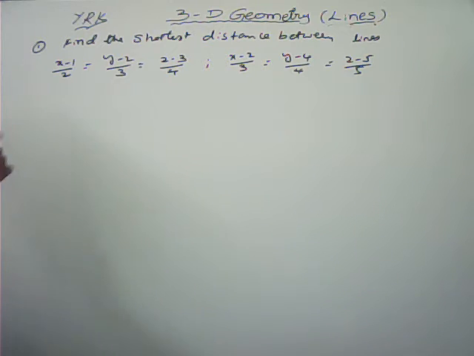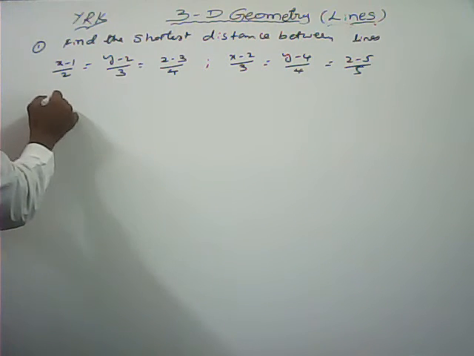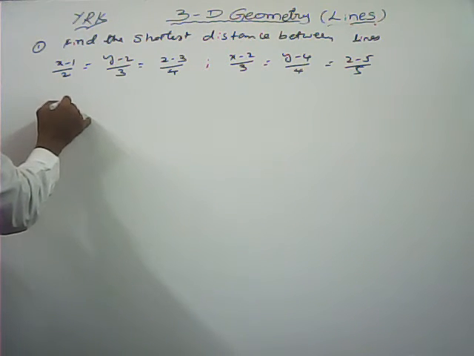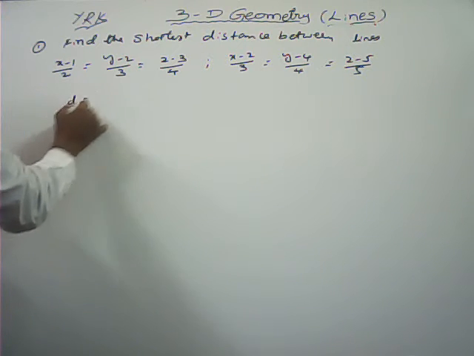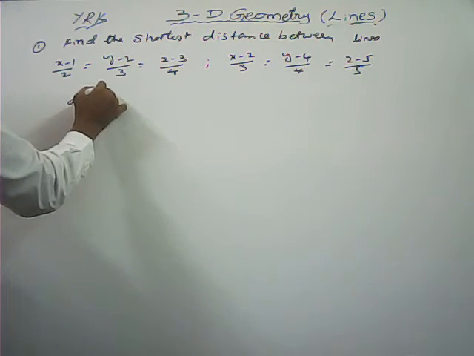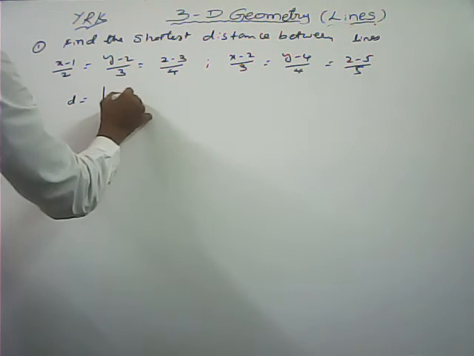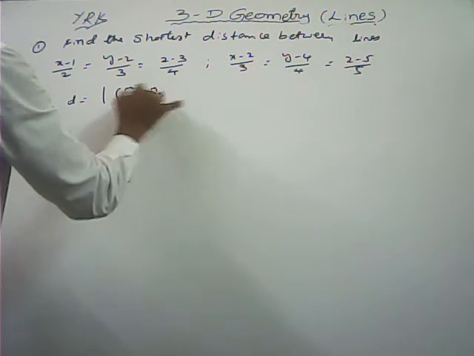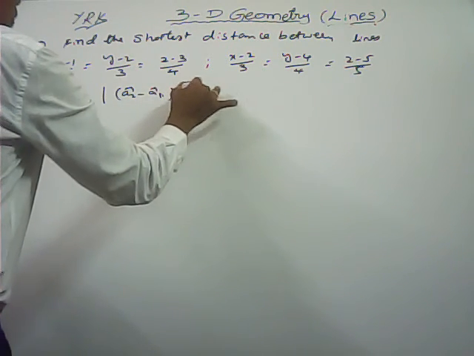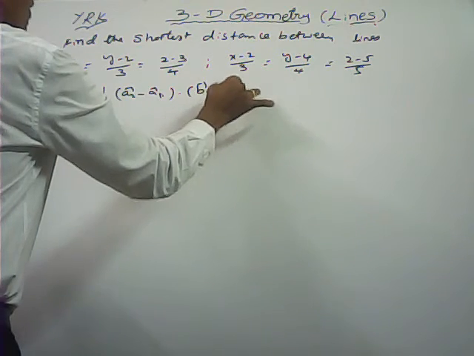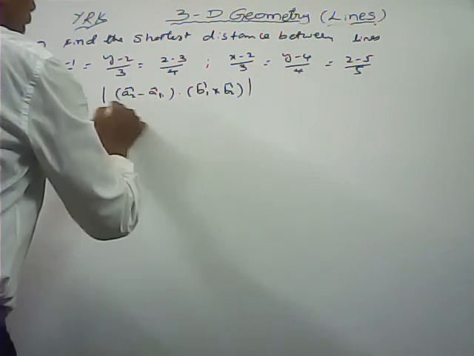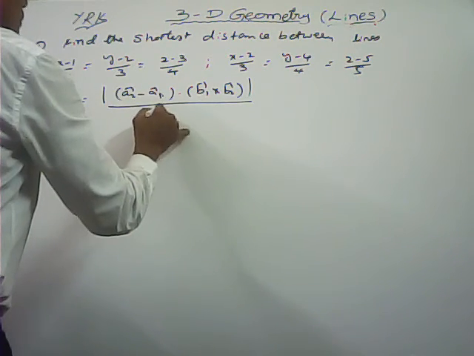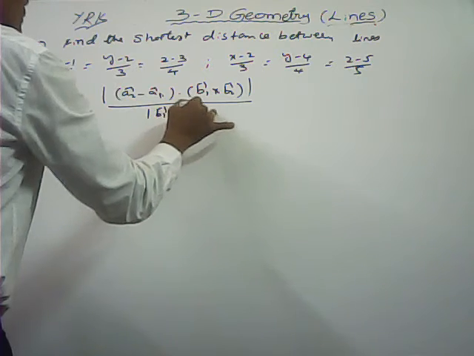Previously I said the distance between two skew lines is equal to modulus of A2 bar minus A1 bar dot B1 bar cross B2 bar whole by modulus of B1 bar cross B2 bar.